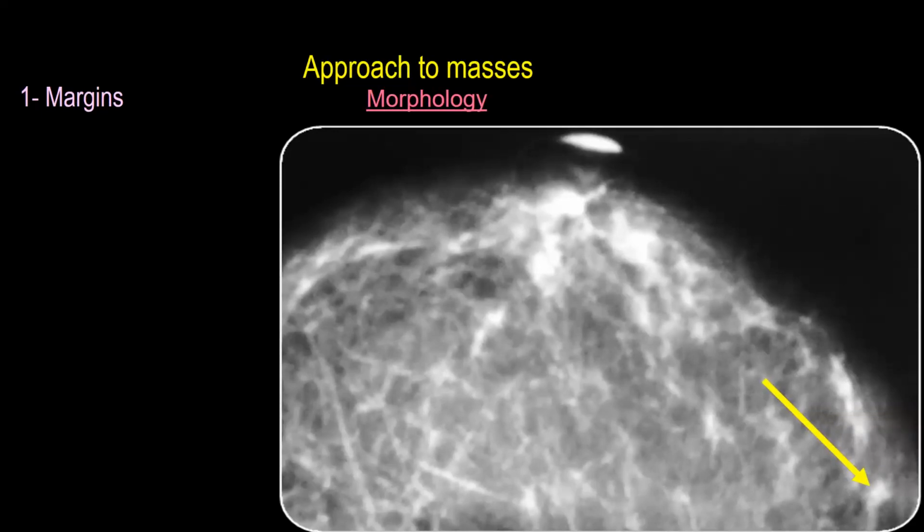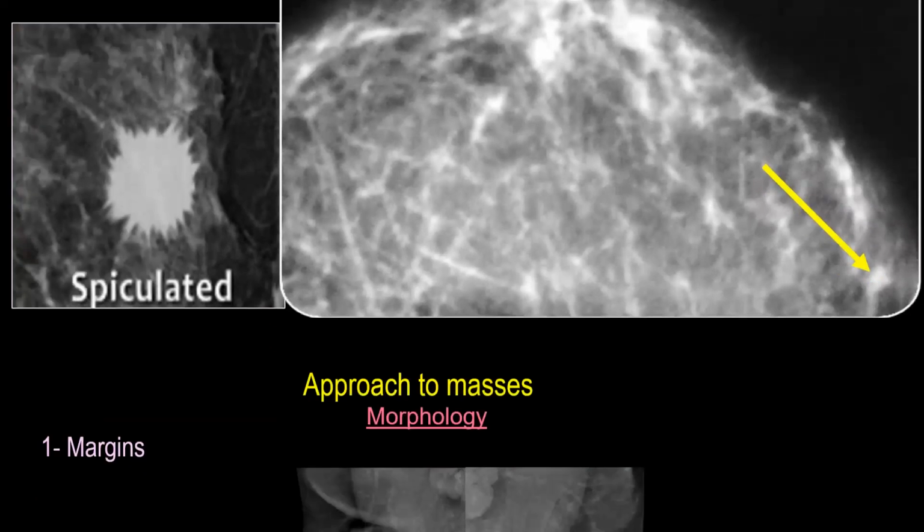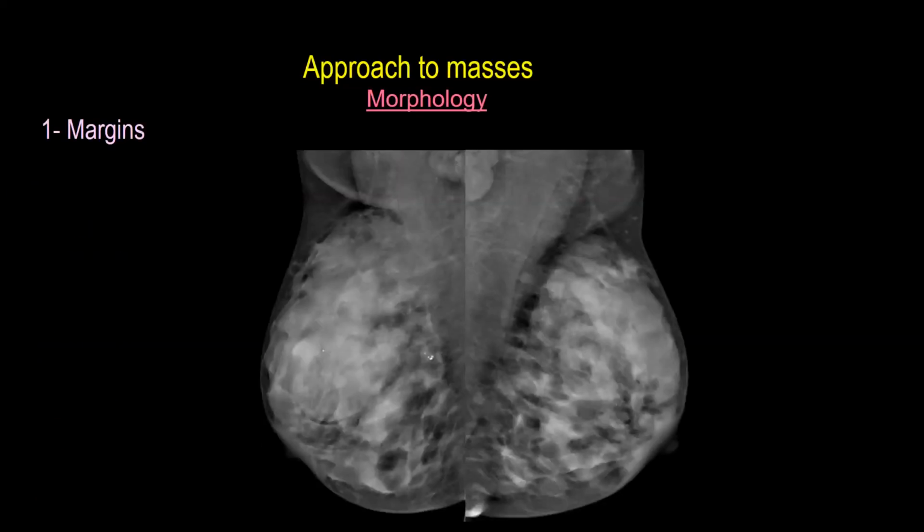And this one. There is a lesion here. This is the type of parenchyma that I hate. Look for the lesion here. Spiculated. It's also spiculated. The lesion is in which side? In this mammogram?